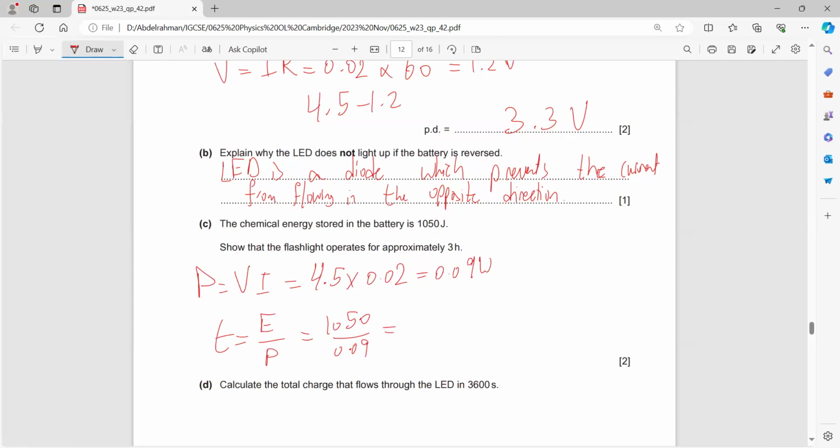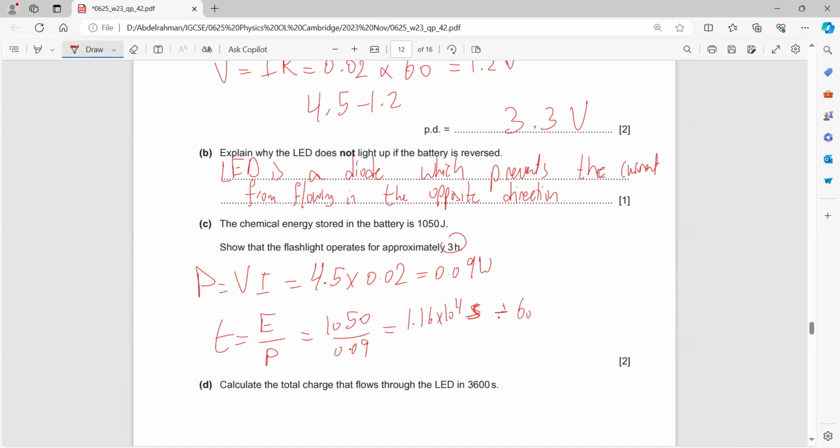What's the answer? What's the time? 1.16 times 10 to the power of 4 seconds. How can I convert seconds to hours? Divide by 60, divide by 60.